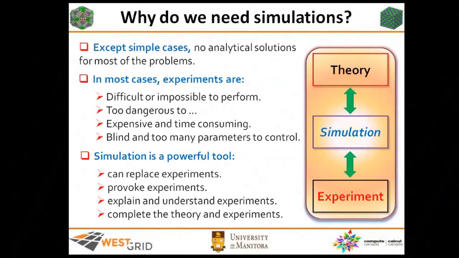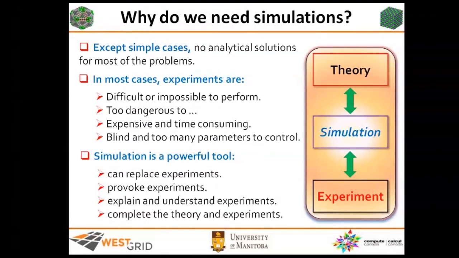Another factor is that experiments are very expensive. So if you want to do some experiment, you have to know exactly what to do. Before knowing what to do in an experiment, you can just do some simulation, and in this case you can know what parameters you want to use in the experiment. In experiments there are many parameters, so you cannot control them all.